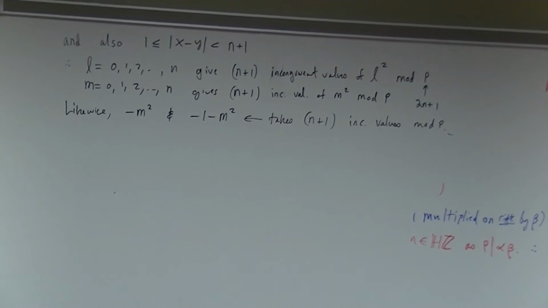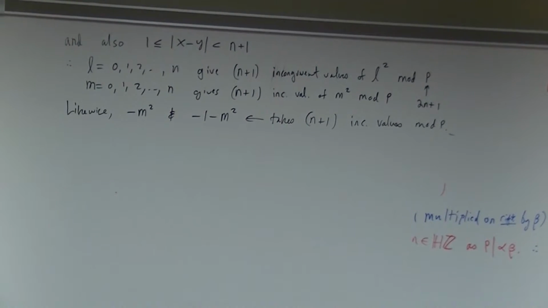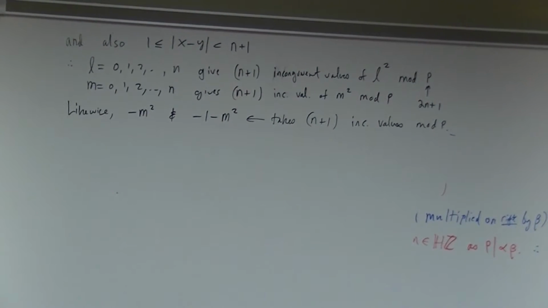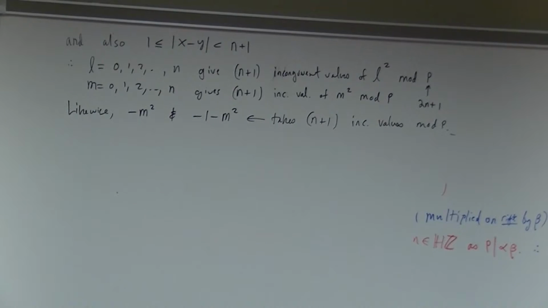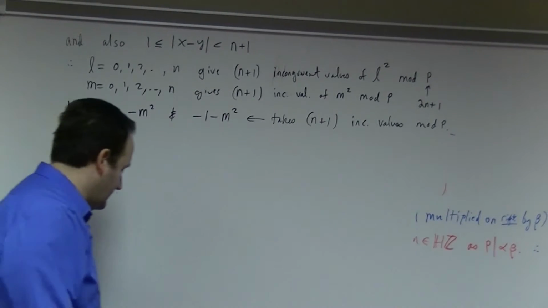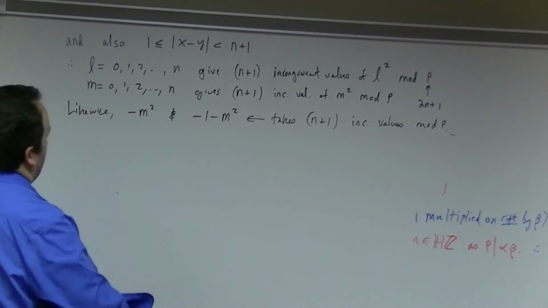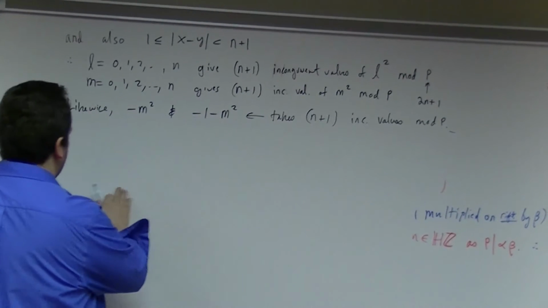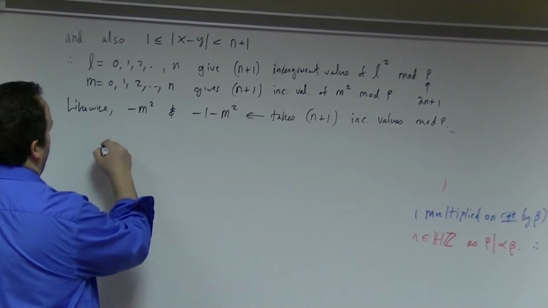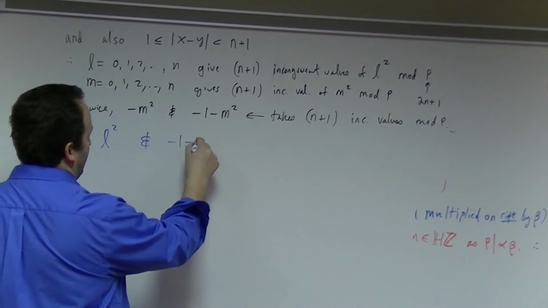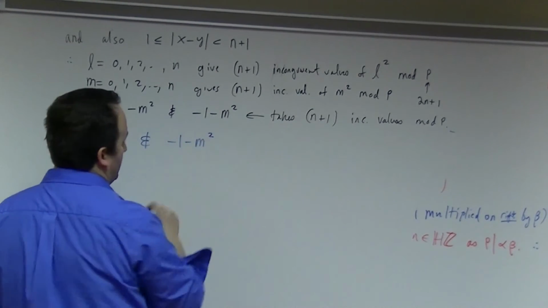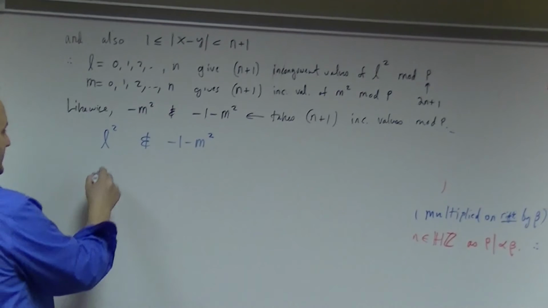So who cares? Then what do you have is, if you think about l squared, and if you think about minus 1 minus m squared separately, how many values do we have?